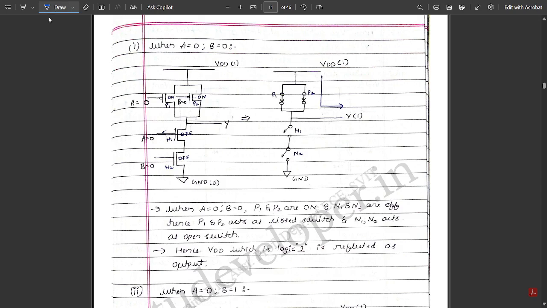First, when A equals 0 and B equals 0, the two PMOS transistors would be in the on state.